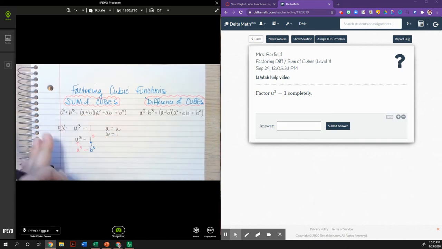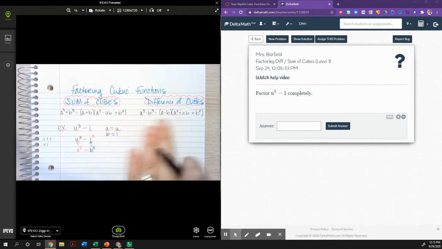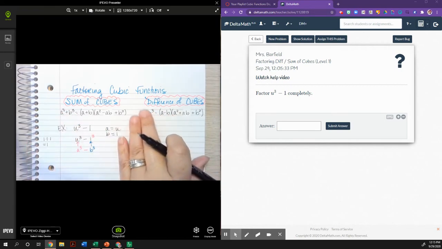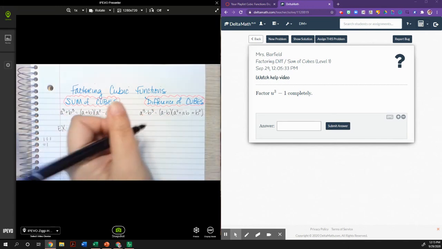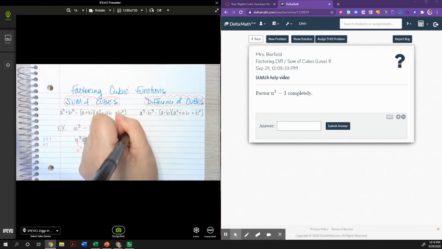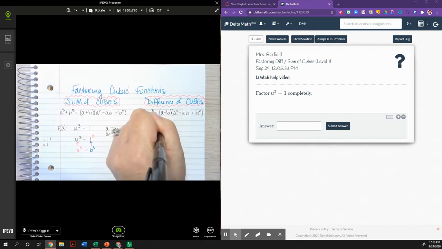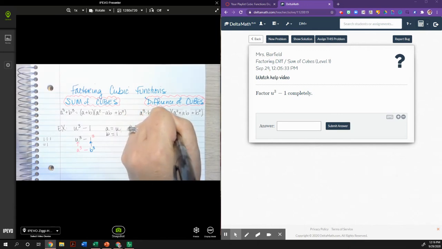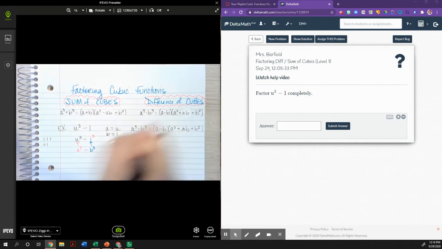Now I have to use the right formula. Since this was a cubed plus b cubed, I don't use that one. I go over here, and I'm using a to the third minus b cubed. All I'm going to do is replace, so let me just recopy it: a to the third minus b to the third equals a minus b, a squared plus ab plus b squared.